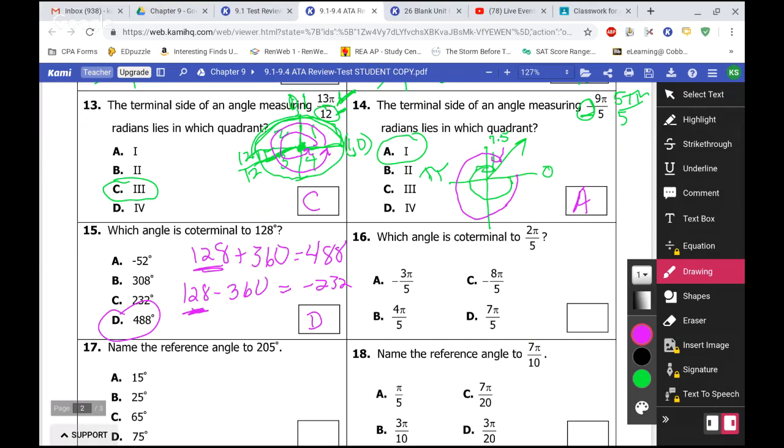Well, when I did that on here, I got 12 over 5, and that's not one of my options. So what I'm going to do now is go 2, open parentheses, 2 divided by 5, close parentheses, minus 2, math, enter, enter.